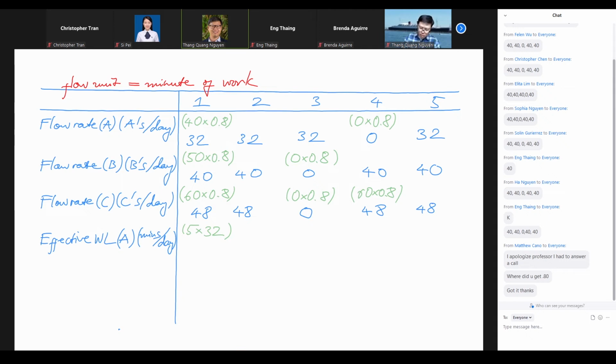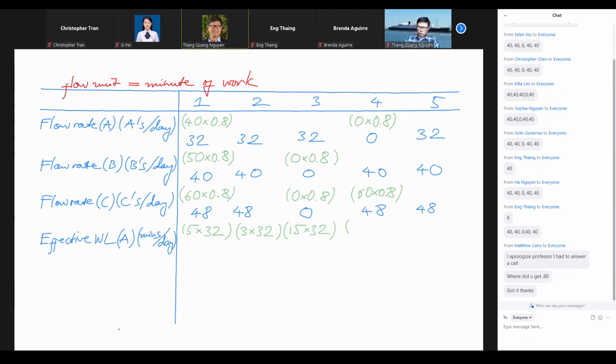And for the second station, it's very similar. Let me look at the table. It takes 3 minutes per ice cream, and then we have 32 ice cream, so we multiply them together like that. For the third station, it takes 15 minutes per ice cream, and then we multiply with 32, right?